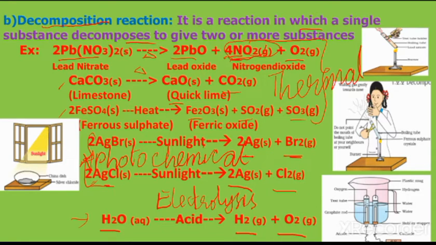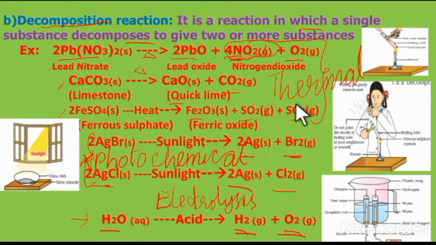So in this case, the single substance, that is the water molecule, decomposes to give hydrogen gas and oxygen gas, two or more products. So in all these cases the reactant is only one, but the products are more than one. So these come under the decomposition reactions, which require energy.